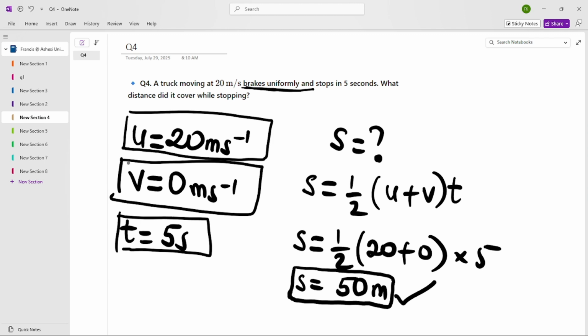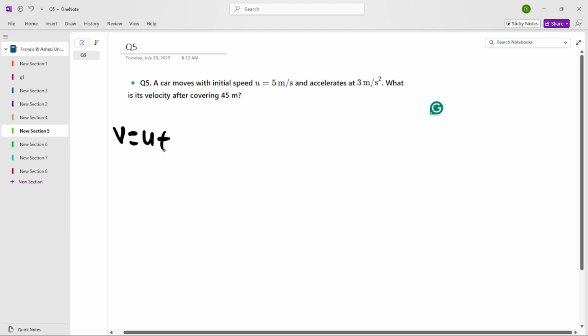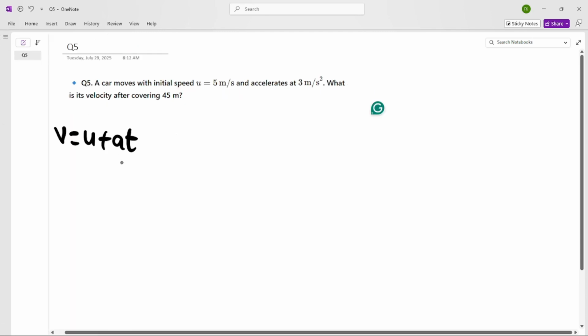Now, next question, you are going to help me identify the parameters first. After you write the parameters, based on the parameters that you have, you decide on which equations to use. Let me write all the equations again down here. So V is equal to U plus AT. This is equation 1.